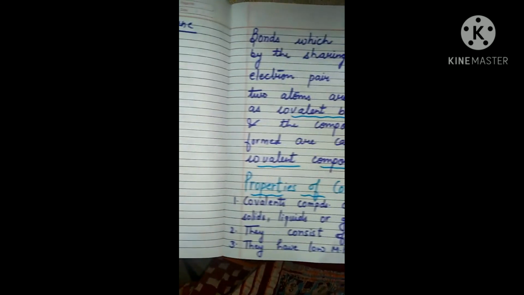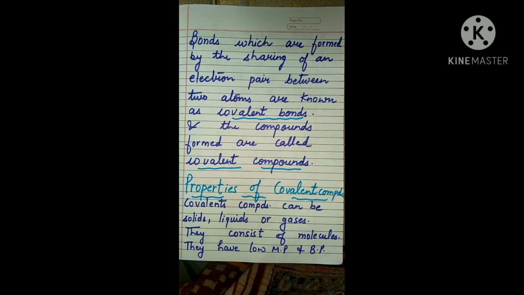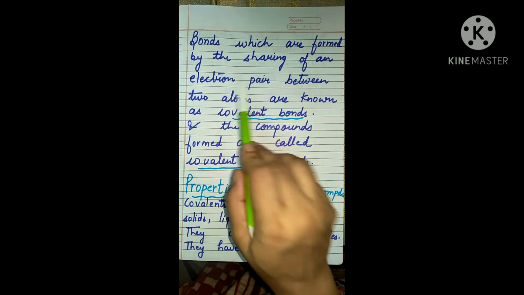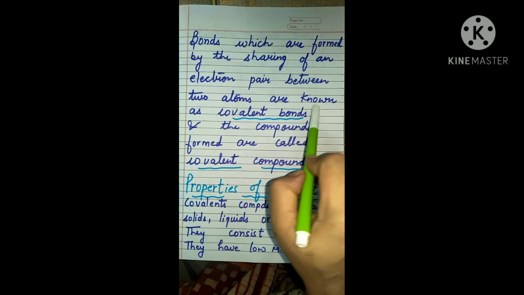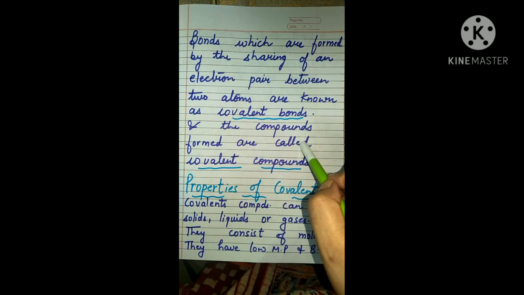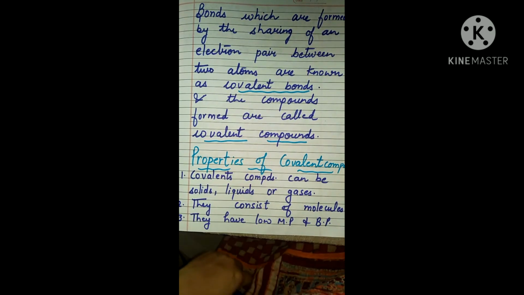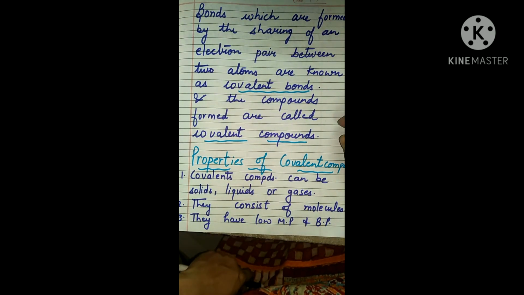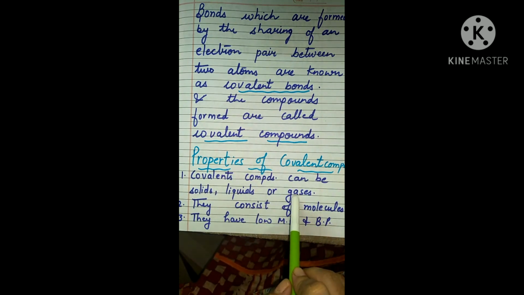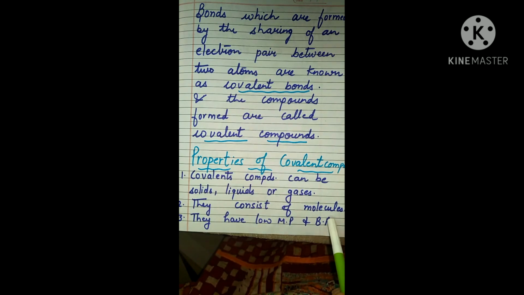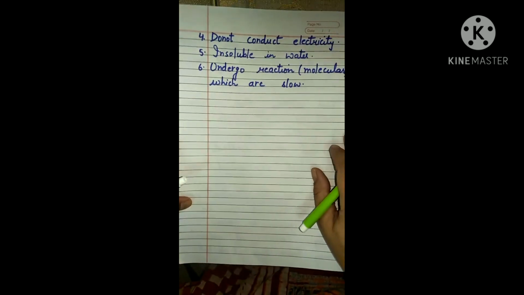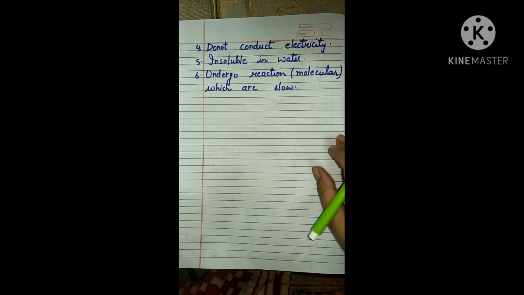So it means that the bonds formed by the sharing of an electron pair, meaning 2 electrons, between 2 atoms are known as covalent bonds, and the compounds formed are called covalent compounds. So what are the properties of covalent compounds? They can be solids, liquids or gases. They consist of molecules, and they have low melting and boiling points.